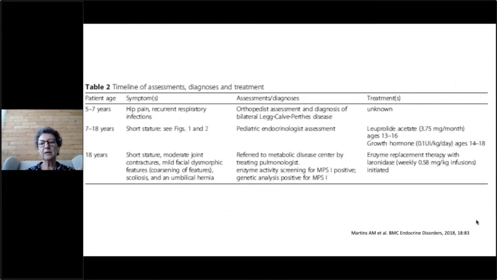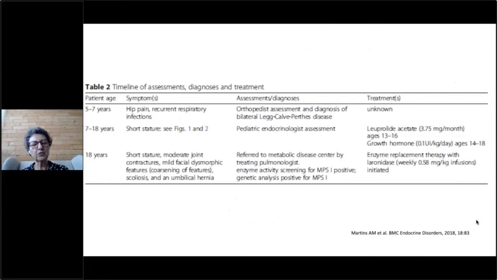Orthopedist assessment and the diagnosis of bilateral Legg-Calvé-Perthes at 5 years by the orthopedist. And between 7 and 18 years, short stature and pediatric endocrinologist assessment. Here he started to treat the short stature with leuprolide acetate 3.75, the same dose, and growth hormone, 0.1 IU per kilogram per day, between 14 and 18 years old.